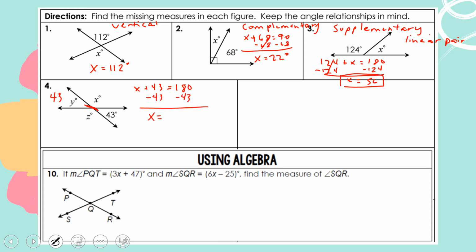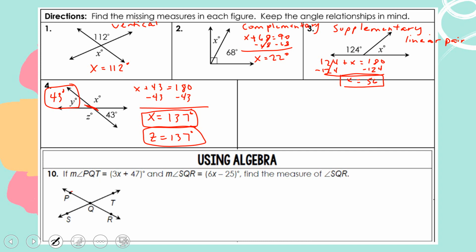And I'm going to get x equals, what's 180 minus 43? That is 137. So x is 137 and z is also 137. Don't forget a little degree sign there. And y was 43.